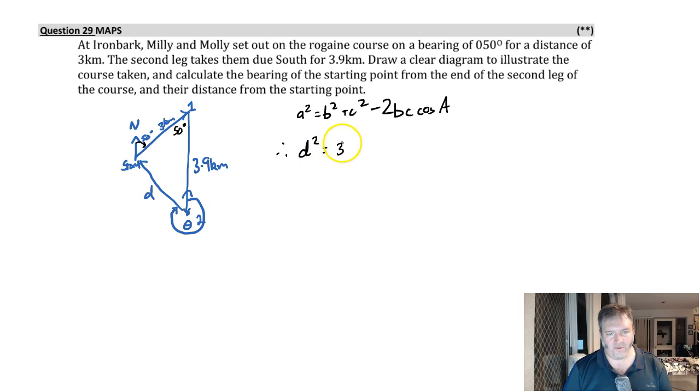That's equal to 3 squared plus 3.9 squared minus 2 times 3 times 3.9 cosine, and we've got the angle of 50 degrees. All we've got to do now is type that in our calculators, find the answer, and we will be done.